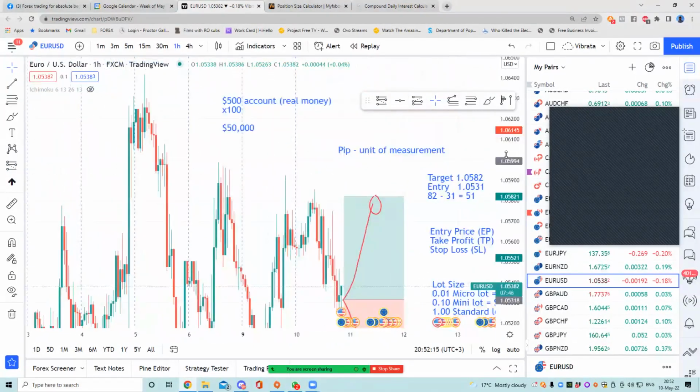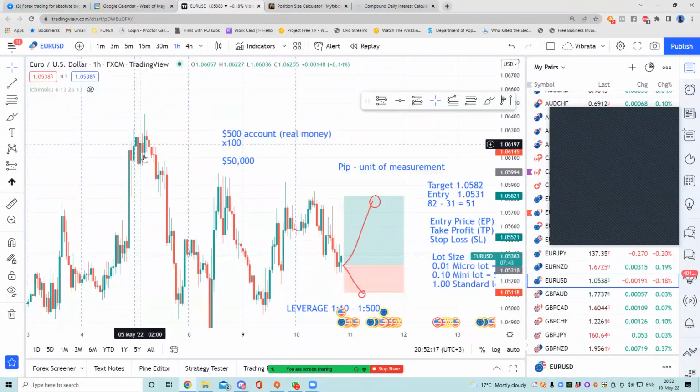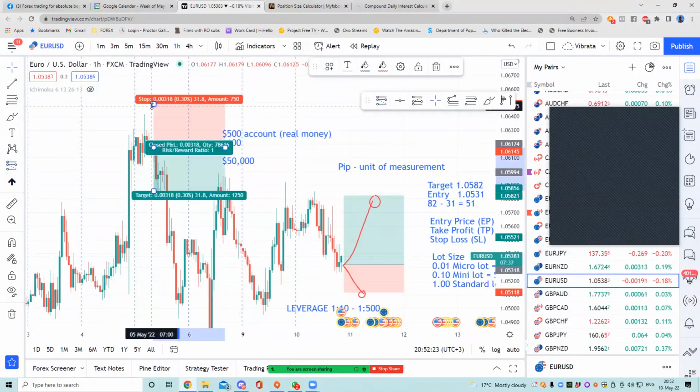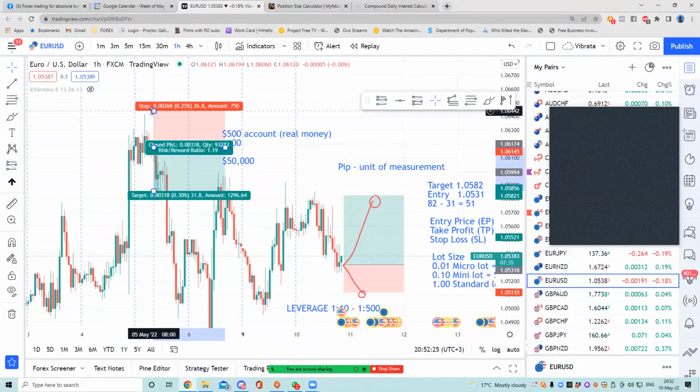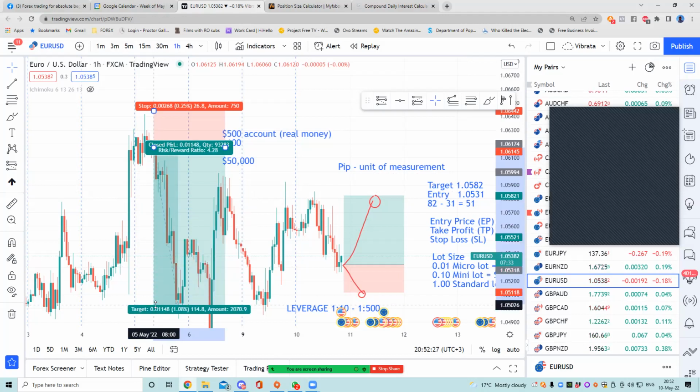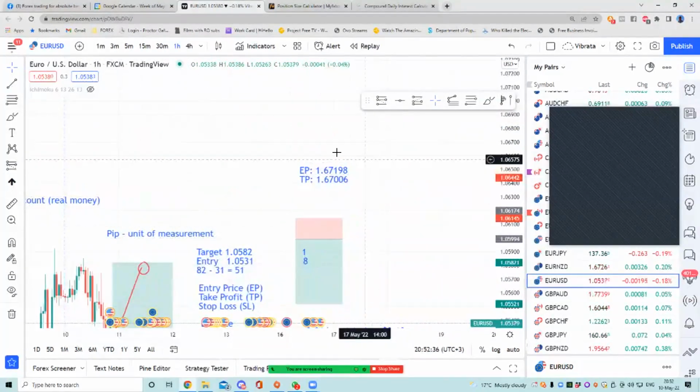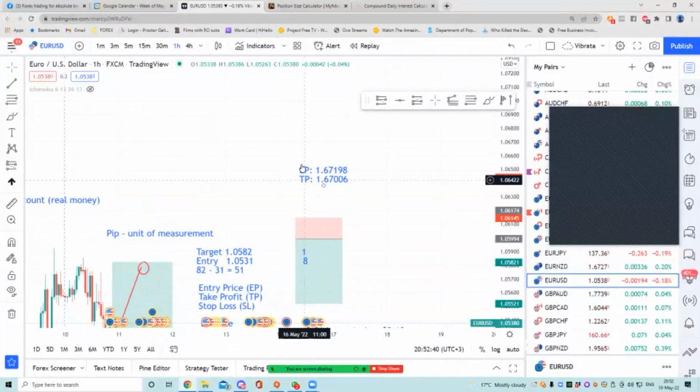We can make money if the value of the euro is crashing against the dollar like it did here, simply by predicting it will happen, setting our risk limit, and setting our profit target. And if we're right, we make money even if the euro is crashing against the dollar. So in this example here, the entry price is higher than the take profit. So evidently we are selling.